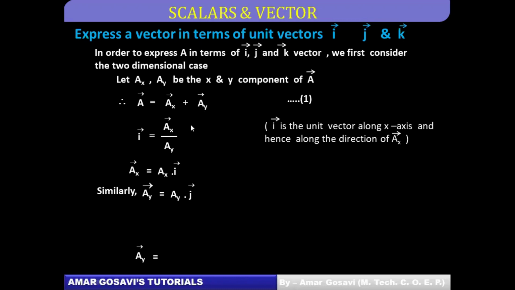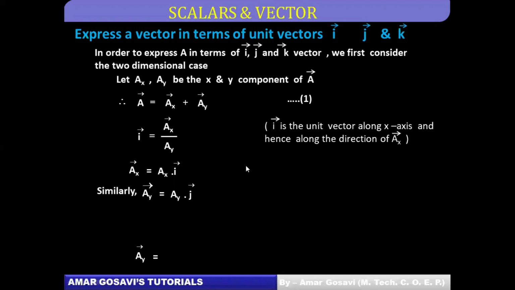On this slide, the only correction you have to make is that instead of this ay, it should have been ax. It's a typographical error, so correct that later on. Then when I know the values of ax and ay, I will just put them in equation 1 so that the vector a bar is represented, friends.